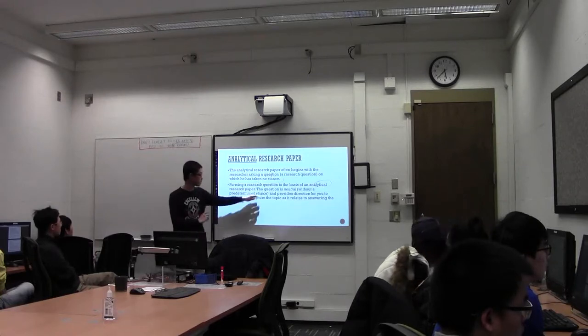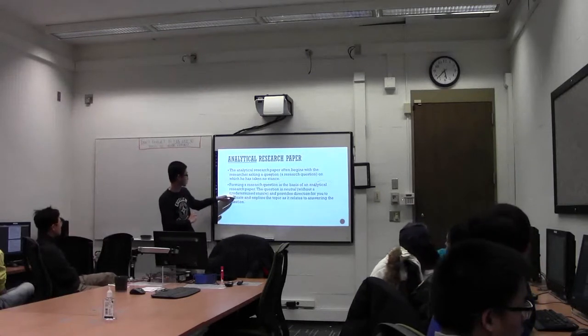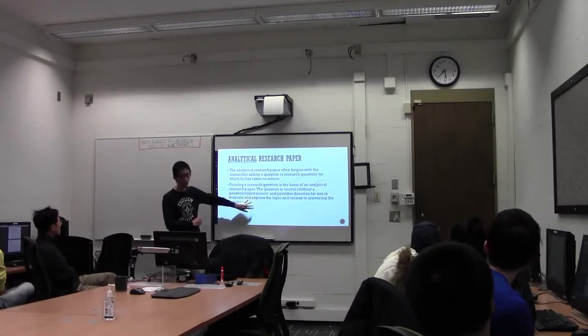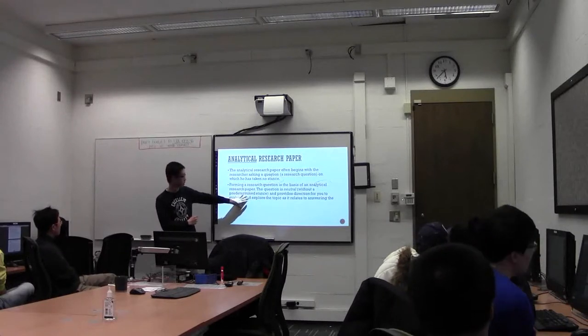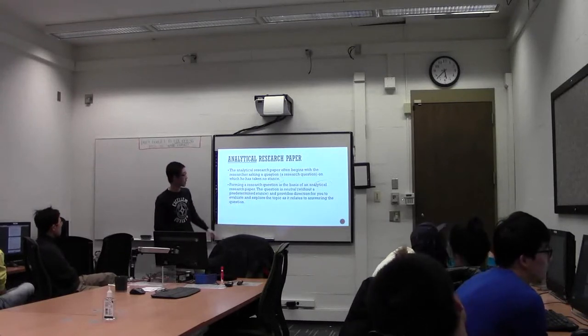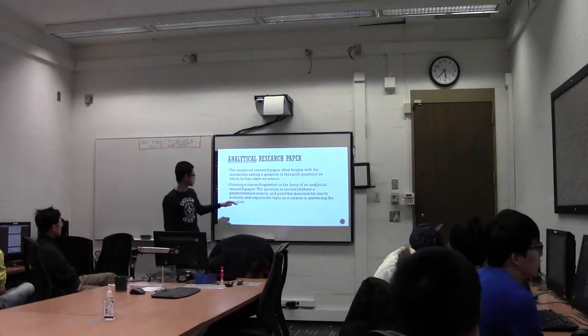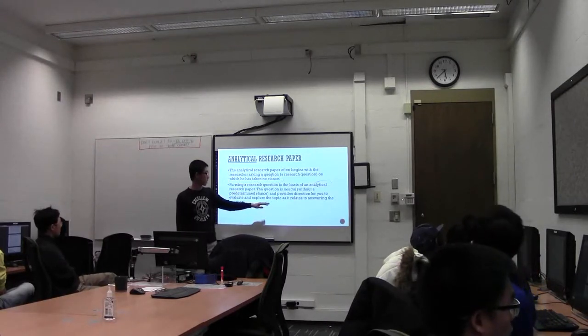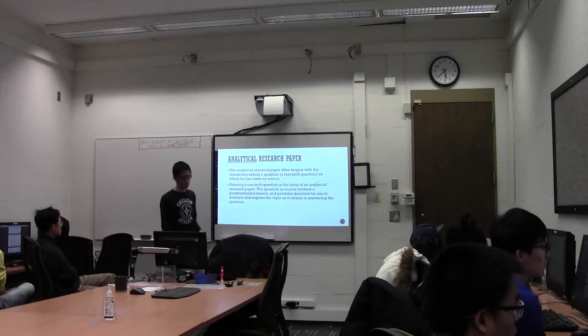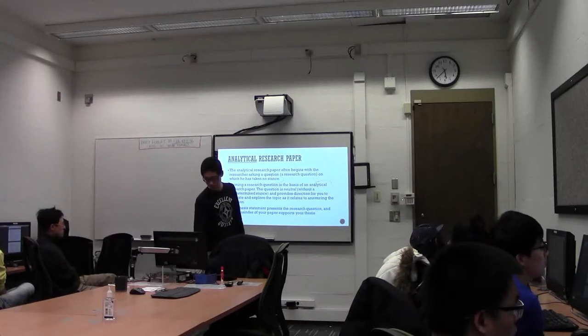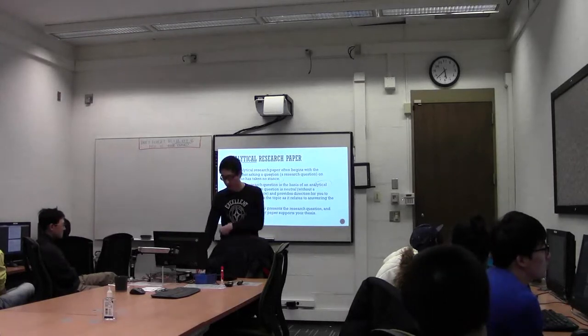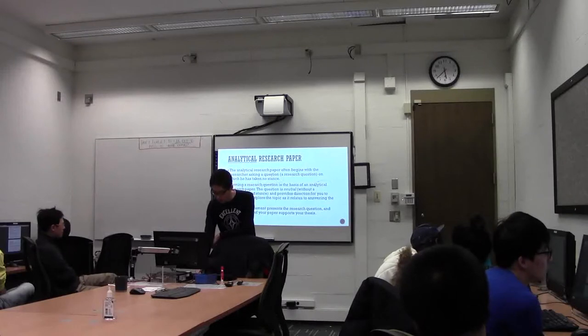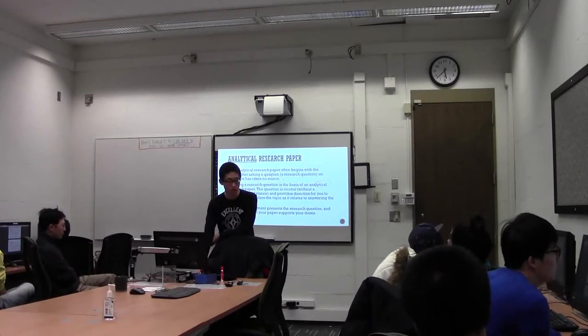The question should be neutral, without a predetermined stance. Always keep this in mind, and we're going to talk about this later in class. It provides direction for you to evaluate and explore the topic as it relates to answering the question. And your thesis should present the research question, and the remainder of your paper supports your thesis.